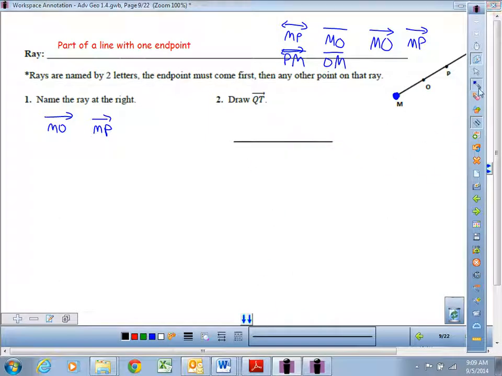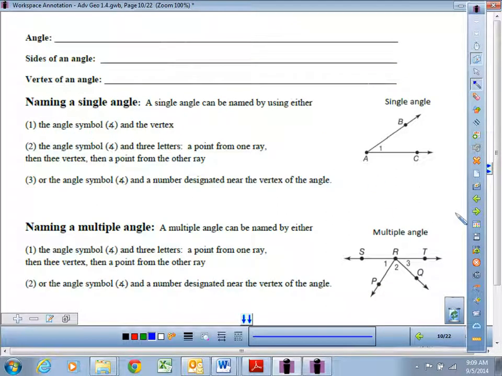Remembering that a ray has a starting point, in this case, the endpoint is Q. Because Q is not underneath the arrowhead, Q is where it starts, and it will go forever and ever in that one direction, and somewhere along here, it will go through T. So that is ray QT. So we have the ray here, starts at Q, goes through T forever and ever, amen.